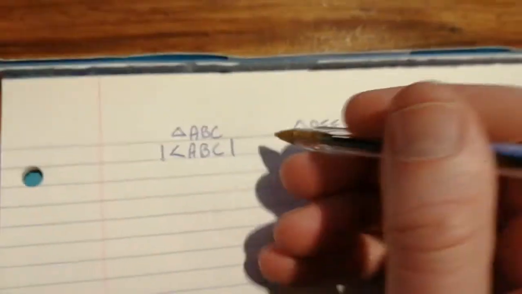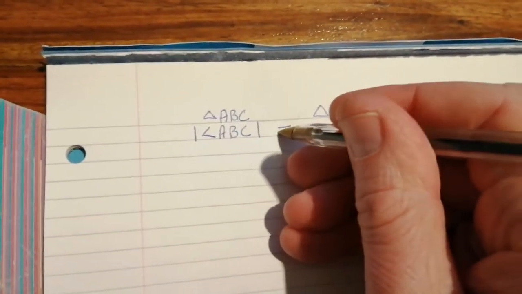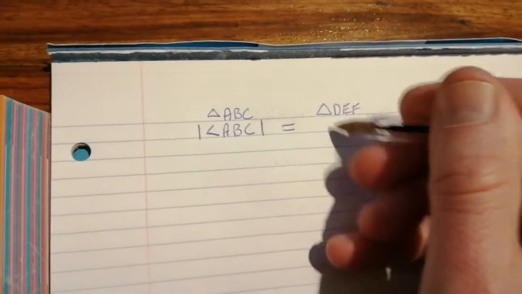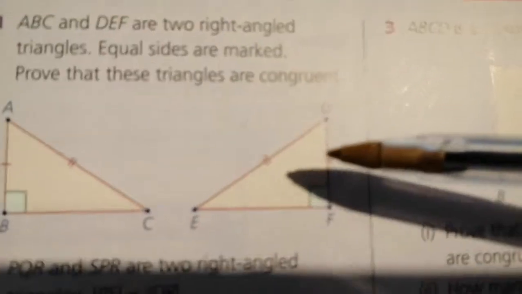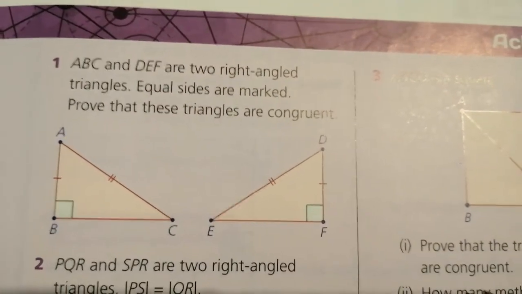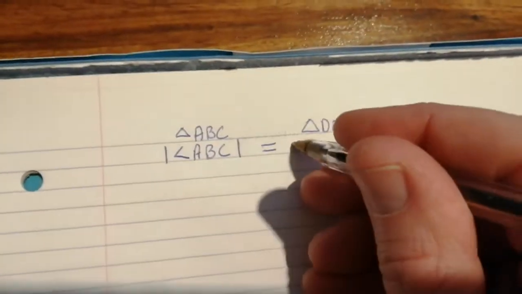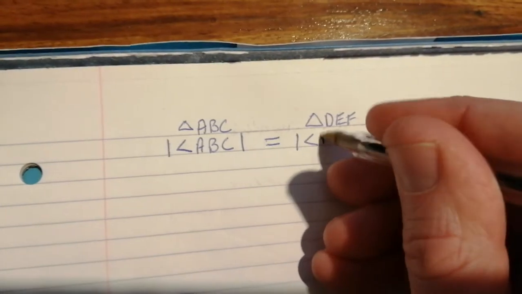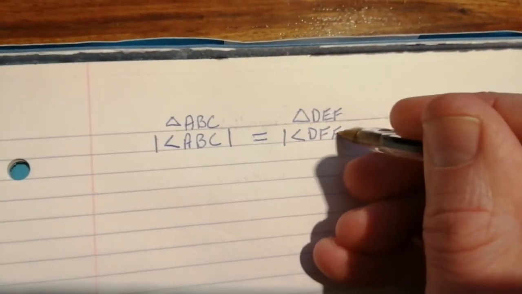The measure of the angle ABC is equal to whatever the right angle is in the triangle DEF. So what is it? It's the angle DFE, or if you like EFD, whichever you prefer. So I'm going to write DFE. So it's equal to the measure of the angle DFE.